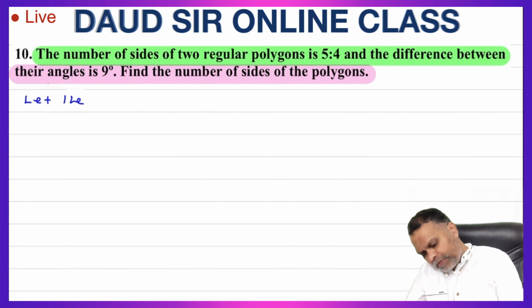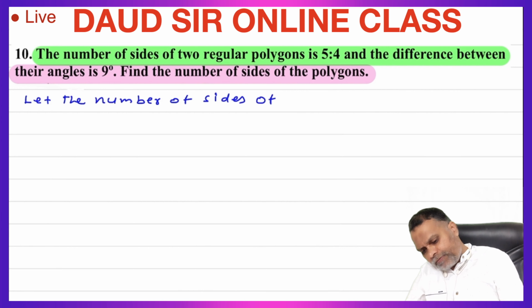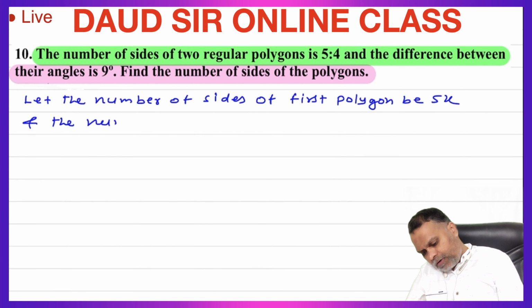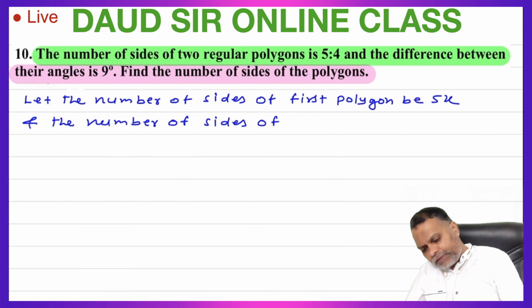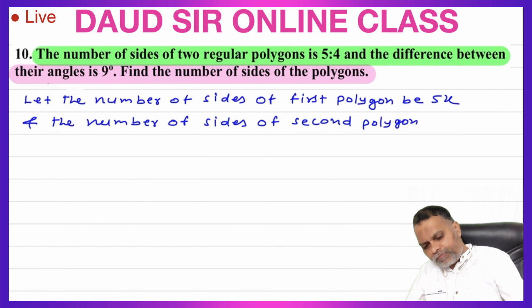So just consider the sides of two polygons. Let the number of sides of first polygon be 5x, and the number of sides of second polygon be 4x.